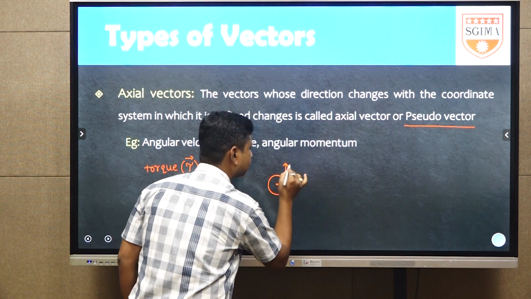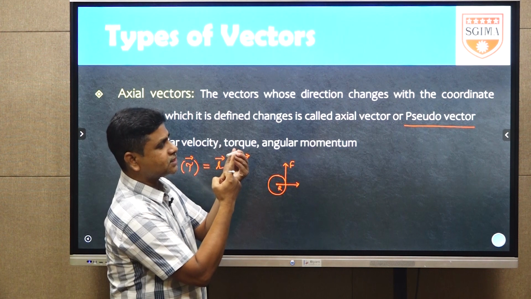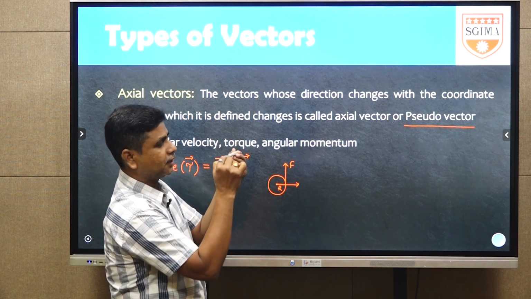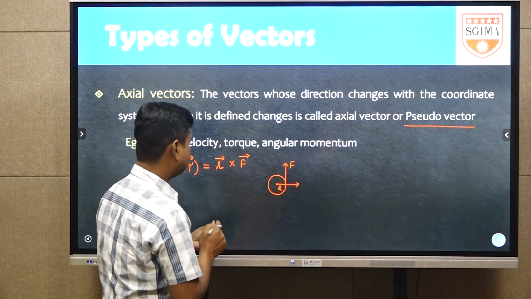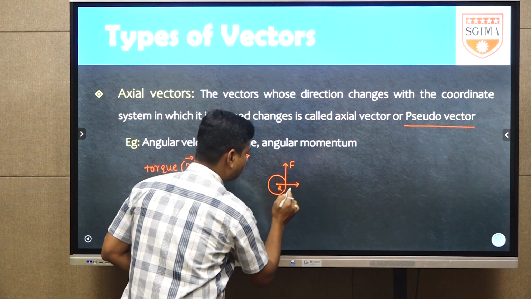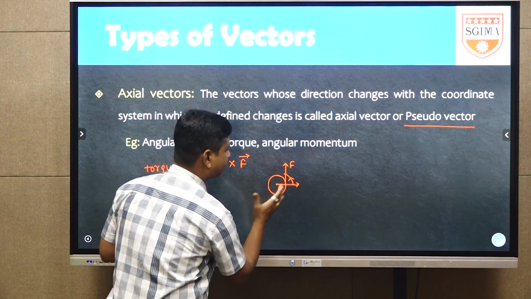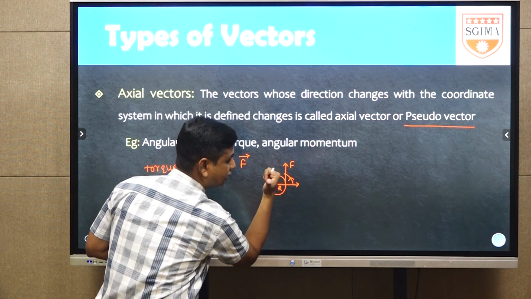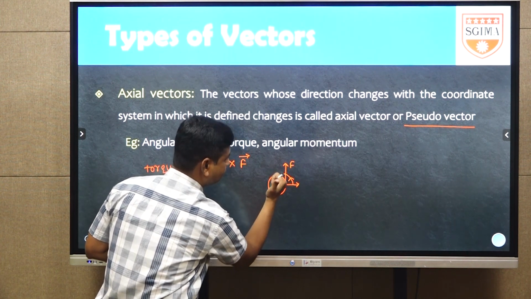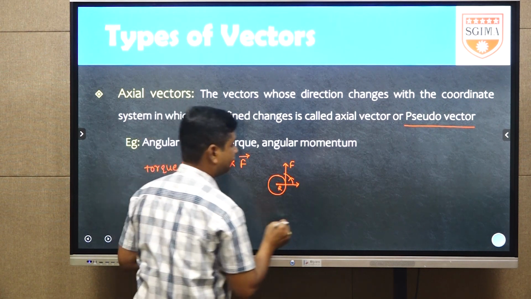Observe: the force is given tangentially, and the radius acts from the center to outside. Now the force is given upward, this is R bar cross F bar. It is anti-clockwise. When you rotate anti-clockwise, the thumb represents outward, so the cap also comes outward.